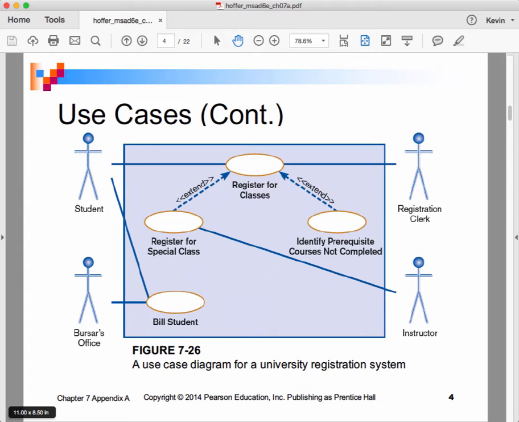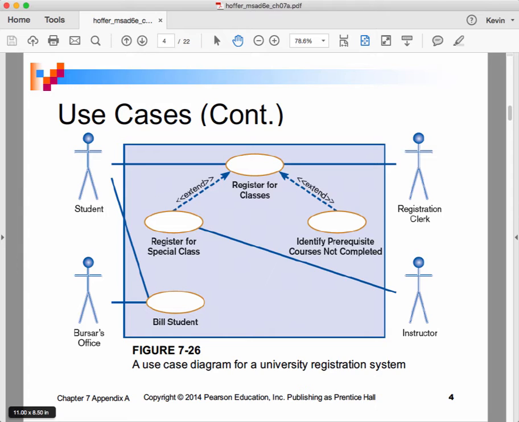So instead of bursar's office, I probably would say something like billing clerk or billing agent or something like that that describes the role of a person who's responsible for billing. So, three actor names here on the diagram that I like a lot. One that I don't like quite so much, and I have suggested an alternative.